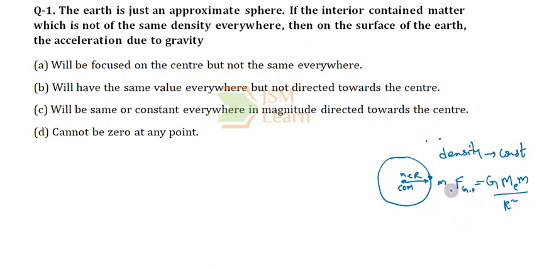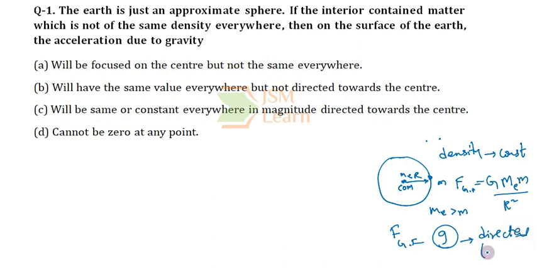As the gravitational force is attractive, and the mass of the Earth is greater than the test mass, the gravitational force on this mass will be directed towards the center of the Earth. So the acceleration produced due to this gravitational force, that is, acceleration due to gravity, will also be directed towards the center.